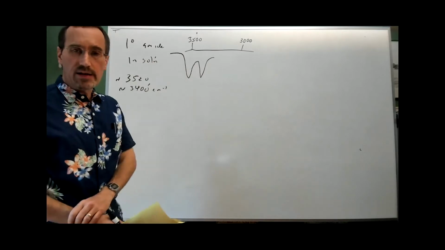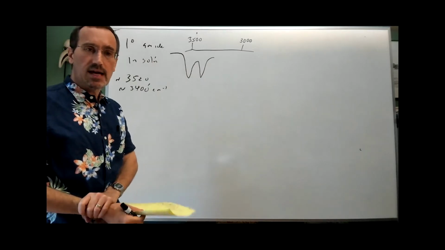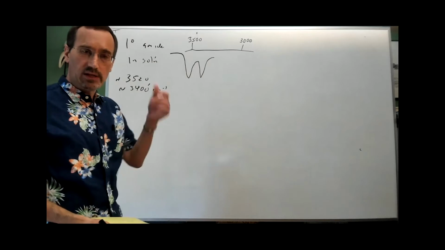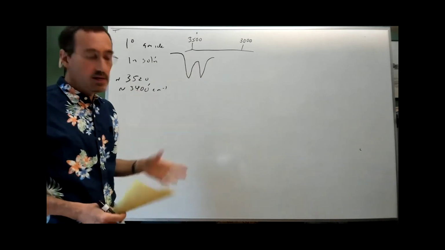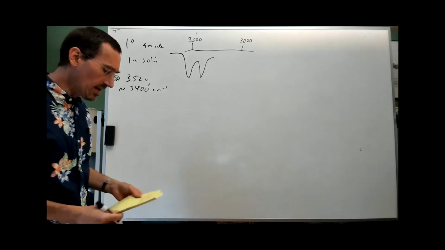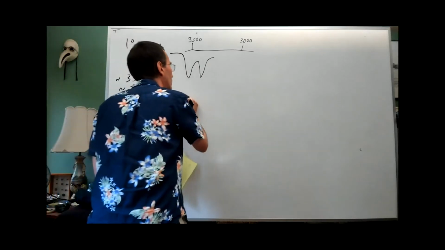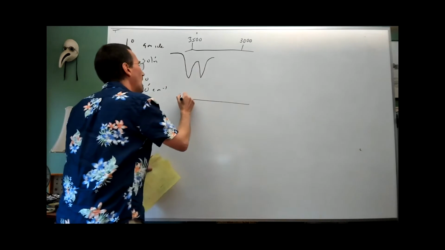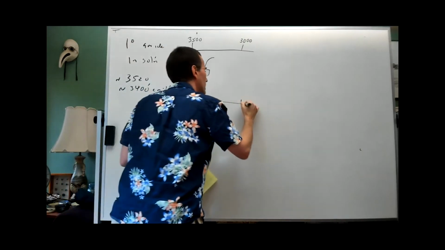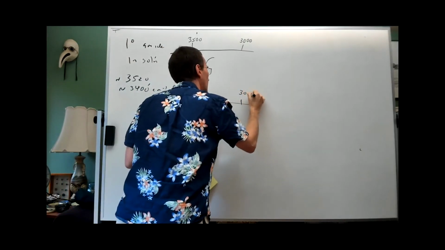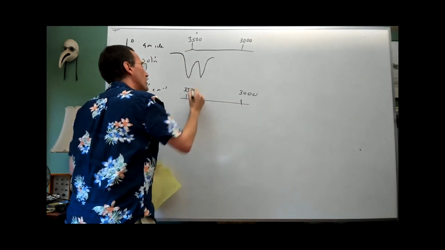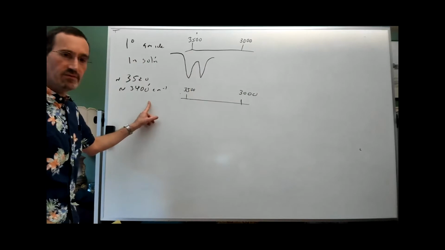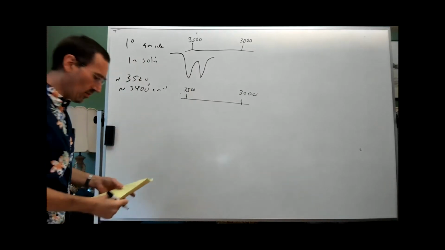We often run IR spectra in the solid state. Often you'll make either a KBr pellet or apply the compound to the attenuated total internal reflectance crystal, the detector, or the sample holder. And so if they're hydrogen bonded, then they're going to be shifted to lower wave numbers and broadened.